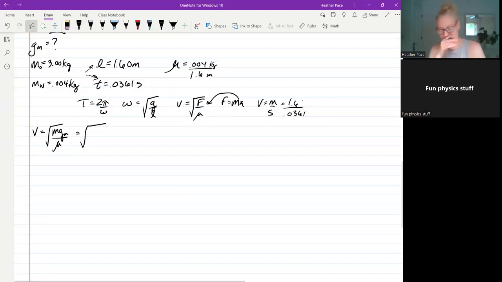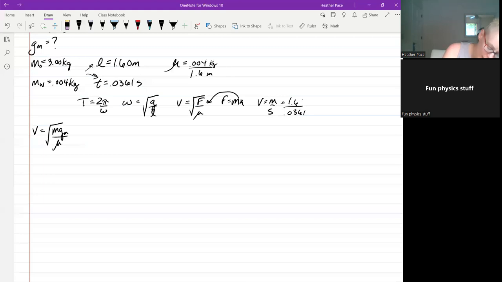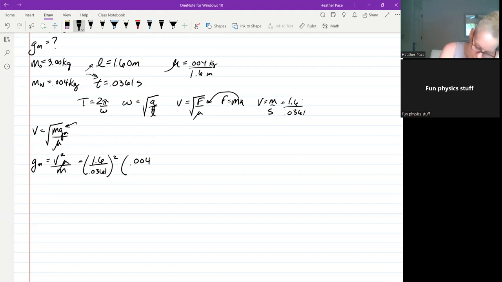Sorry, I kind of lost it there for a second. We're going to rearrange to solve for that. Of course, we're going to square both sides, and we end up with g equals v squared mu all over m. And we get 1.6 all over 0.0361 squared, times 0.004 over 1.6, all over 3.